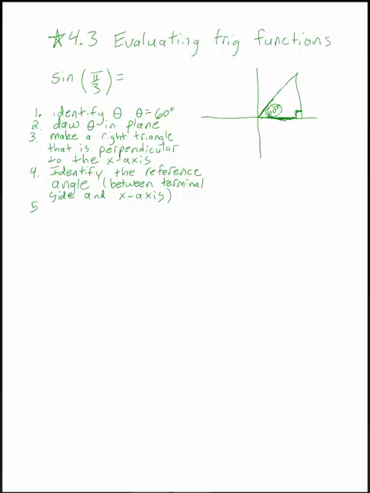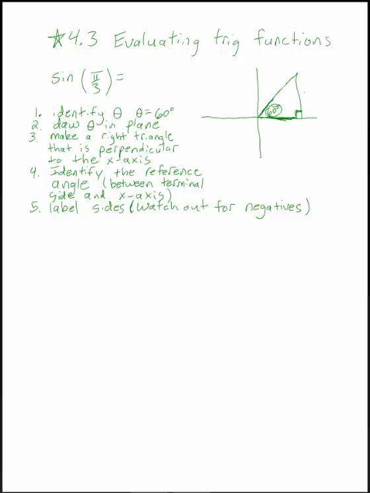Okay, now I'm going to label my sides. And I'll throw in a note here. Watch out for negatives. Because I'm labeling this based on where I fall in the plane. So here in quadrant 1, all my sides are positive because the x values and the y values are positive in quadrant 1.